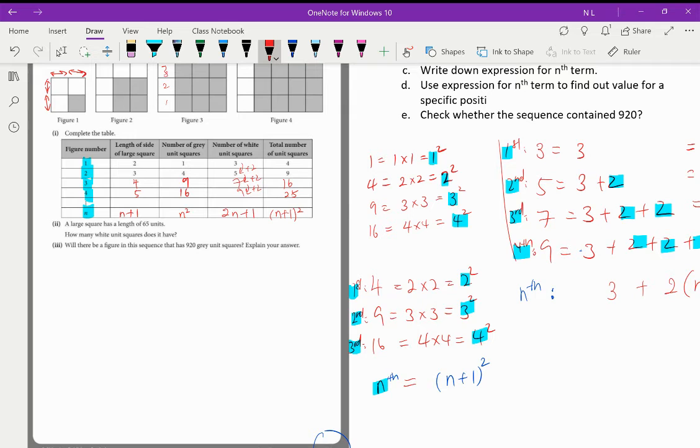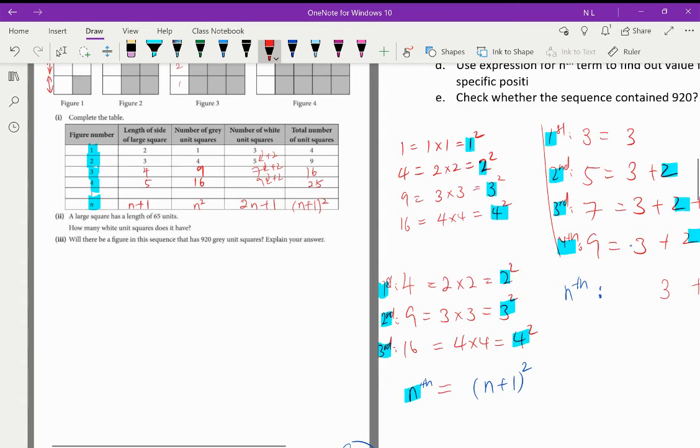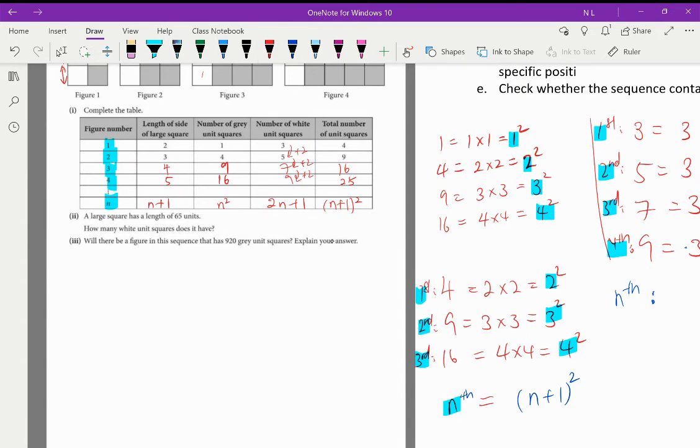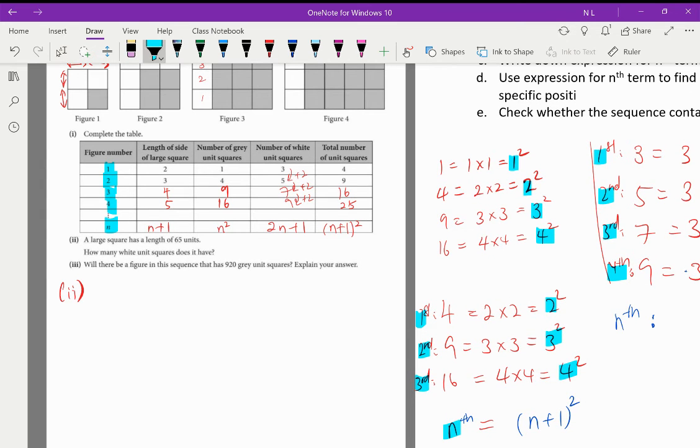So now I have found all the expressions for the length of the large square, the number of gray unit squares, the number of white unit squares, and the total number of unit squares. So part 2 asks us: a large square has a length of 65 units. So we are looking at the second column, the length of the large square. How many white unit squares does it have? Let's do it step by step.